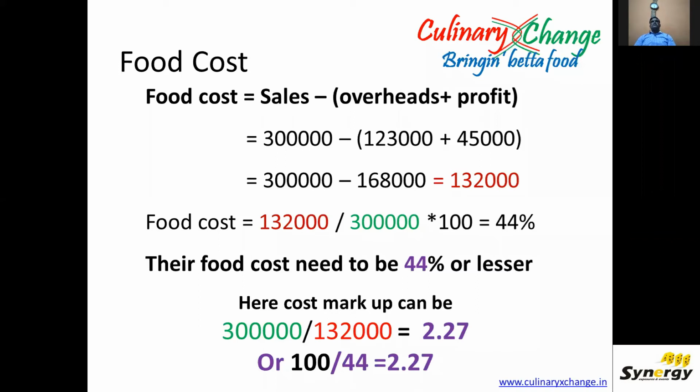This is the food cost. This is the amount we can spend in a particular month on our food cost. If you want to see a percentage, food cost percentage is equal to all the money we spend on food divided by all the sales we make in a month, multiplied by 100. Here it comes to 44%.